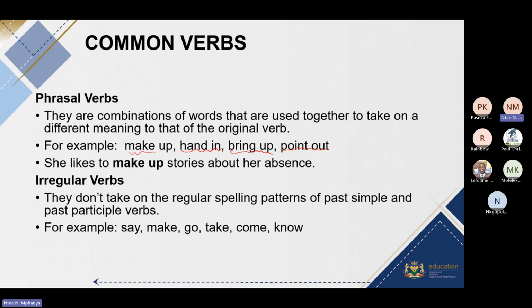Remember, in the past tense, they don't take the regular spelling pattern. So it will change to said, made, went, etc. So go becoming went is not a regular spelling pattern, it is irregular. Meaning the word changes totally.